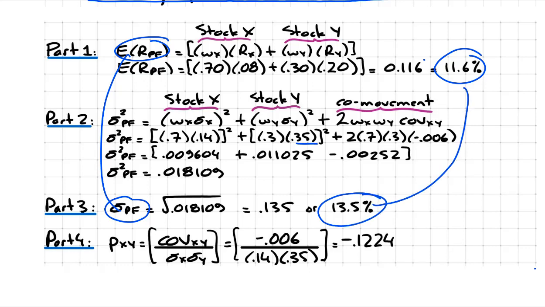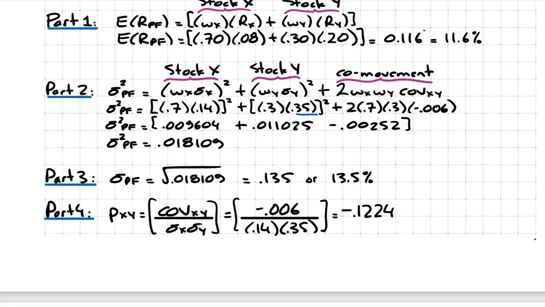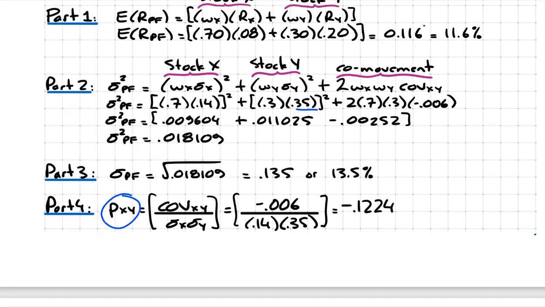Now, if they ask us to calculate the correlation between X and Y, here's the framework for correlation. So it's just a matter of plugging in these values. Again, whenever I'm doing algebra, I like to enter percentages as decimals. So therefore, the correlation would be negative 0.1224.